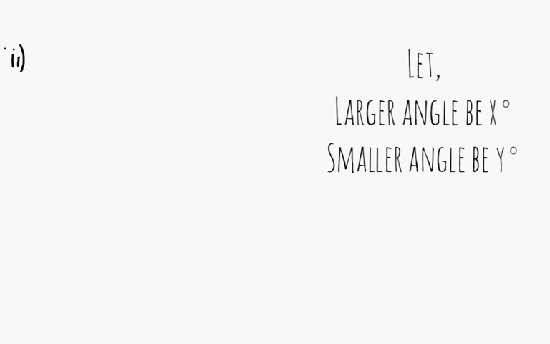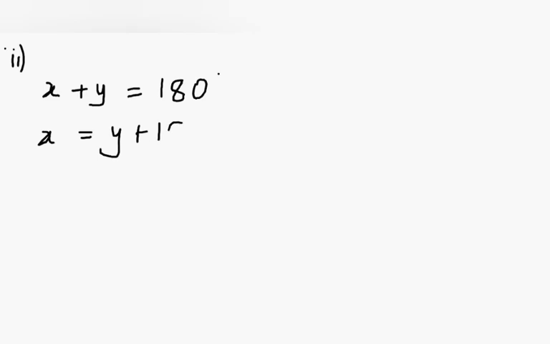Since we have been given supplementary angles, x plus y is equal to 180 degrees, because supplementary angles add up to 180 degrees. And the next part is, the larger angle exceeds the smaller by 18 degrees. So if we take x as the larger angle, then y plus 18 degrees will be equal to x.